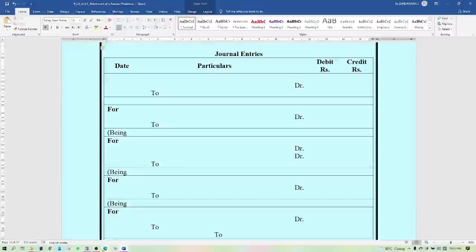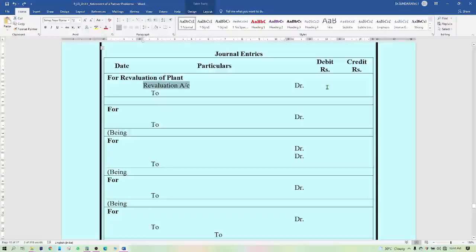The journal entry for the revaluation of plant which is to be depreciated is like this. Revaluation account debit, because the value of the asset has decreased, therefore a loss has happened, so we have to debit the revaluation account by 20,000 rupees.